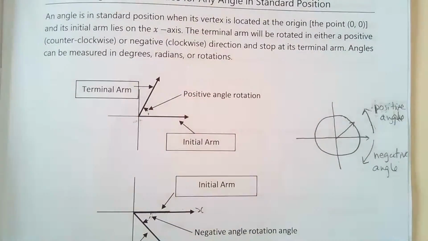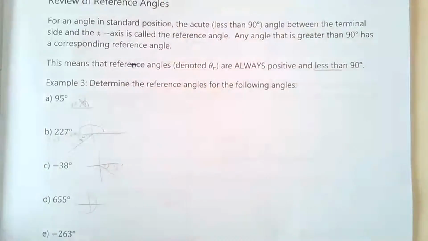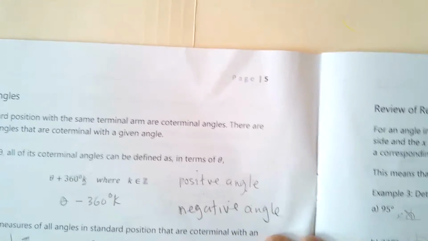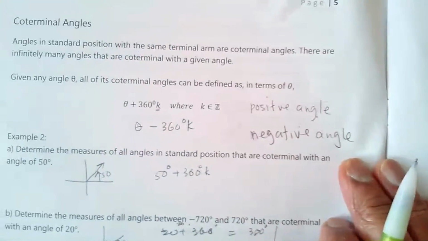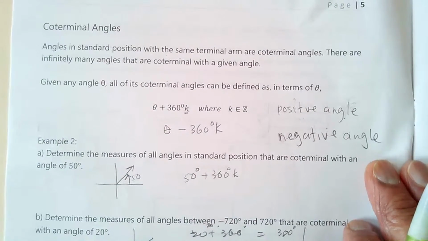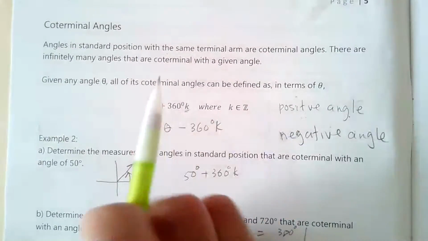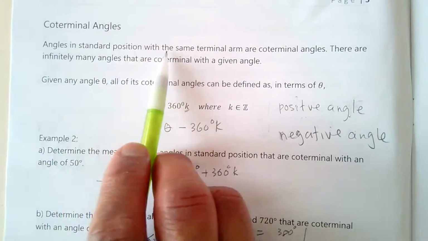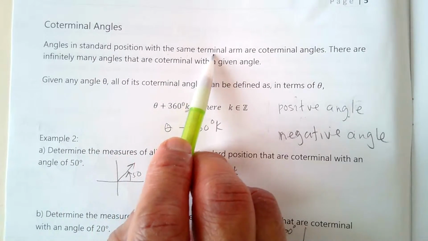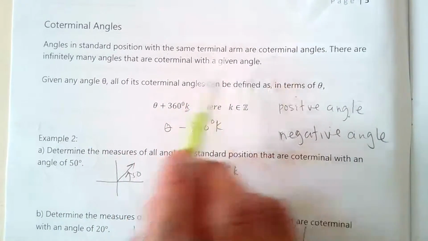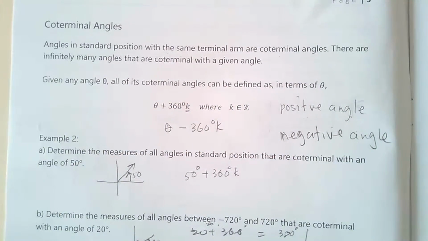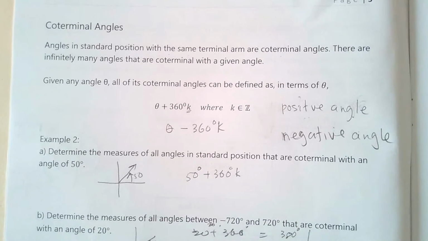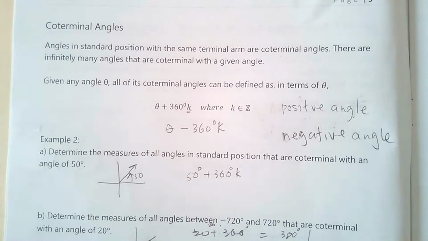Now, when we look at coterminal angles, as I mentioned before, these are angles in standard position with the same terminal arm. And there are an infinite number of them. Yesterday, we looked at a few.